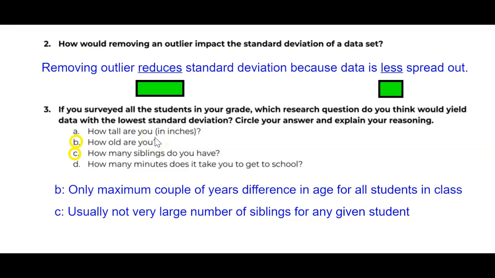People would probably respond between, for upperclassmen in high school, 58 inches, which would be just under 5 feet, and maybe 72 inches, which would be 6 feet, maybe 75 inches. You might get some tall people responding, but that's not that large a range. And the data is likely to be centered around 5'7", 5'8", somewhere in there.